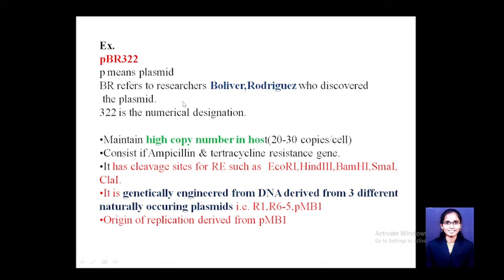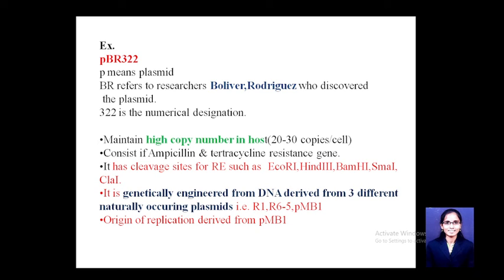That is, it is not that you get this artificial plasmid in just one step. They have to synthesize a number of batches so that they can get the ideal cloning vector. So 322 is just the numerical designation for this plasmid. Obviously, it is high copy number when we transfer it into the host cell.